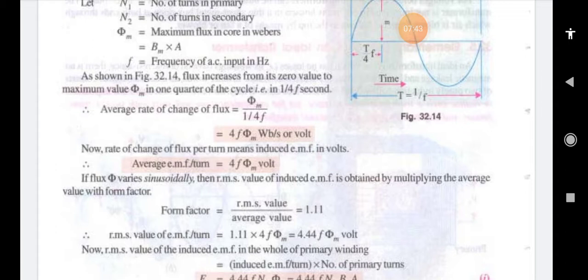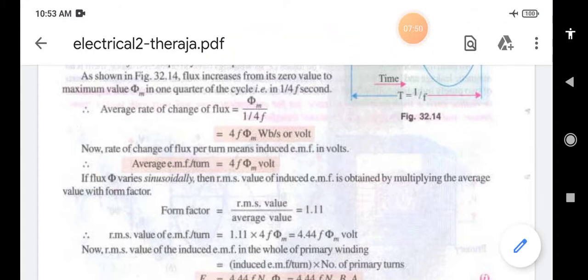Now rate of change of flux per turn means induced EMF in volts. Average EMF per turn is equal to 4 F phi m volts.